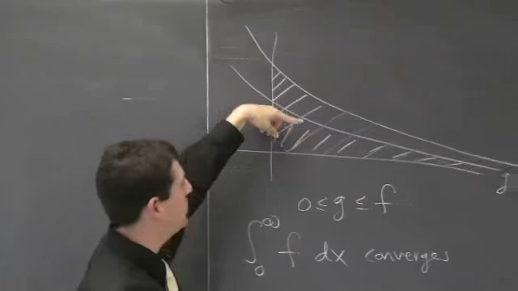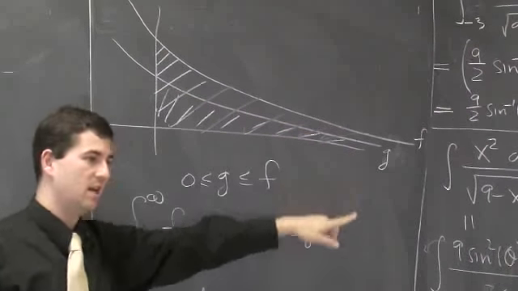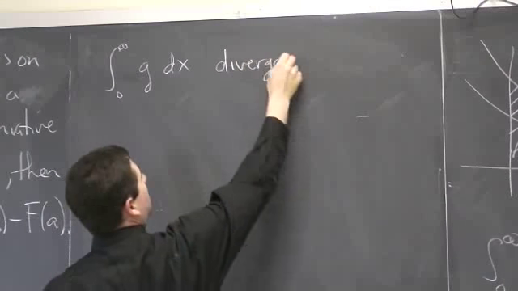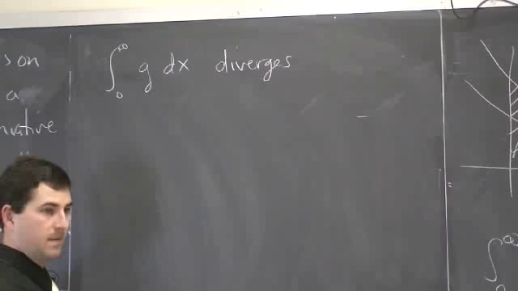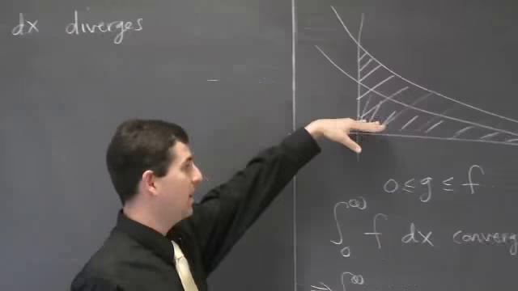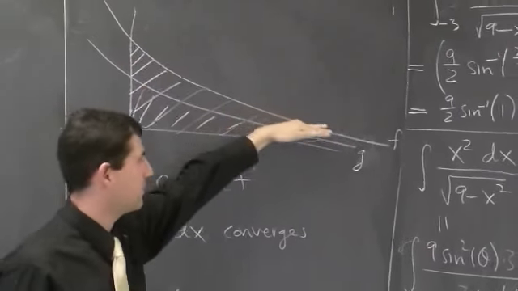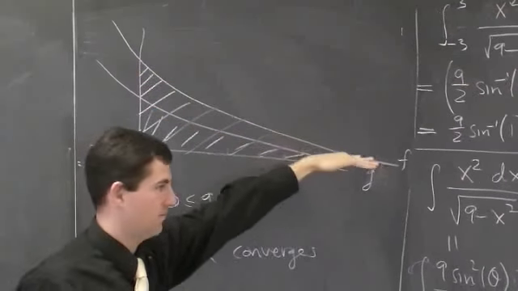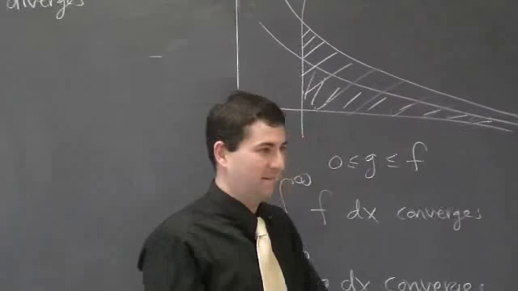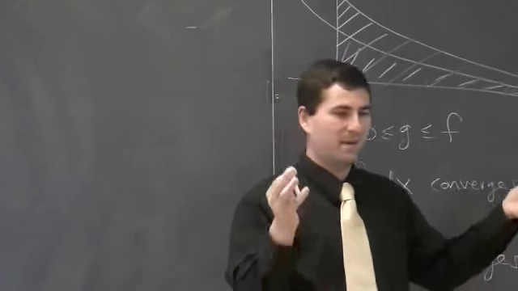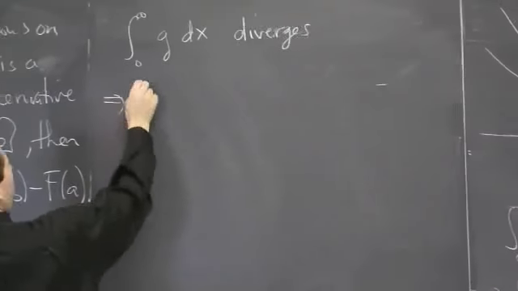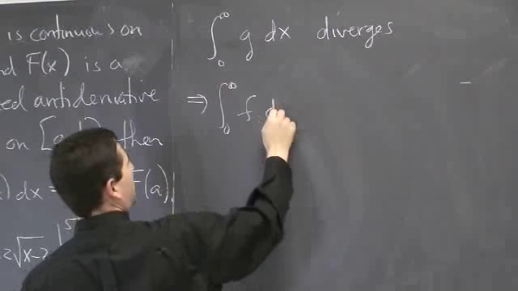Let's say I know that the integral from 0 to infinity of g diverges. So there's an infinite amount of area under g already. And now I take a function which is bigger, f. What can I say about that integral? It's got to diverge, right? If you have more area than something which has infinite area, then you must also have infinite area. So this implies the integral from 0 to infinity of f dx diverges.